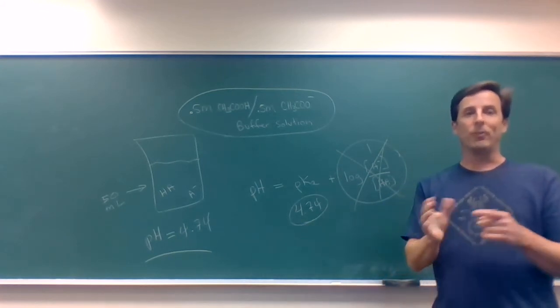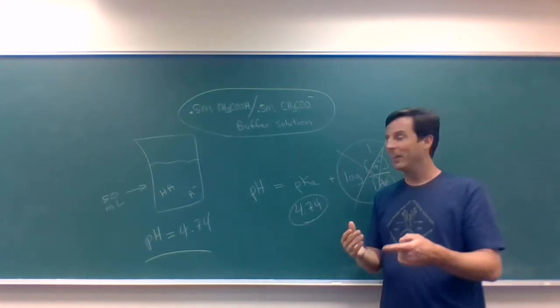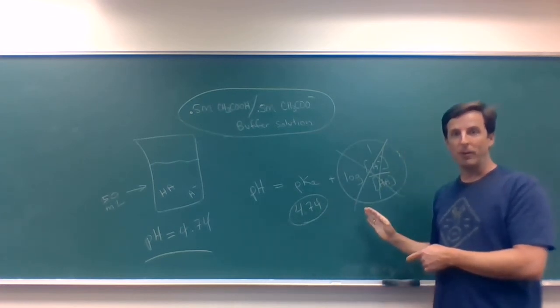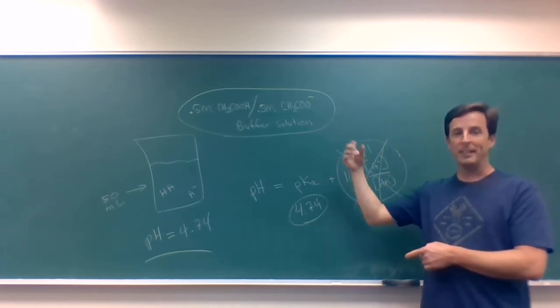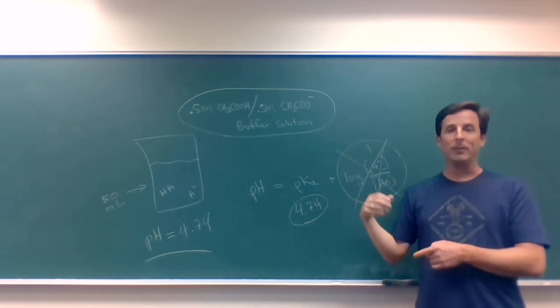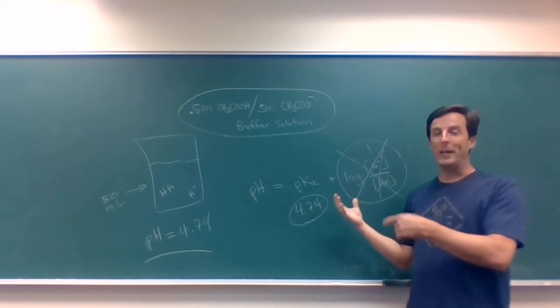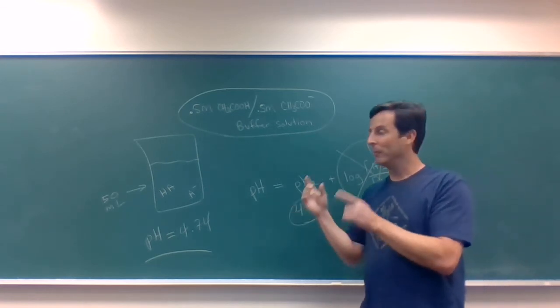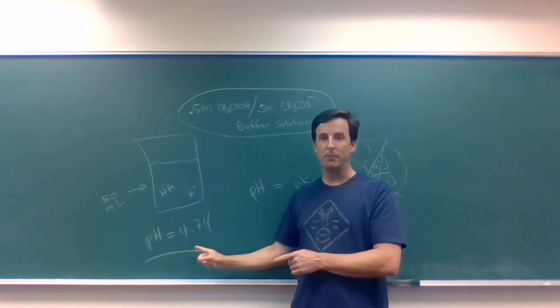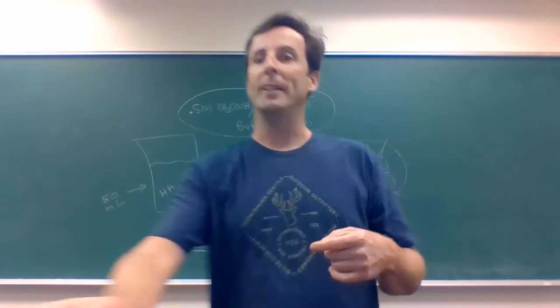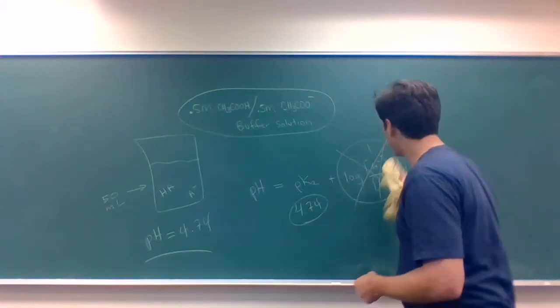So essentially the range that this buffer will work is from about 3.74 to 5.74. That's the only range where an acetic acid sodium acetate buffer can be used effectively. The buffer that we have in this situation, though, specifically has a pH of 4.74 because we made equal parts. Okay? So that's my beginning of the problem.